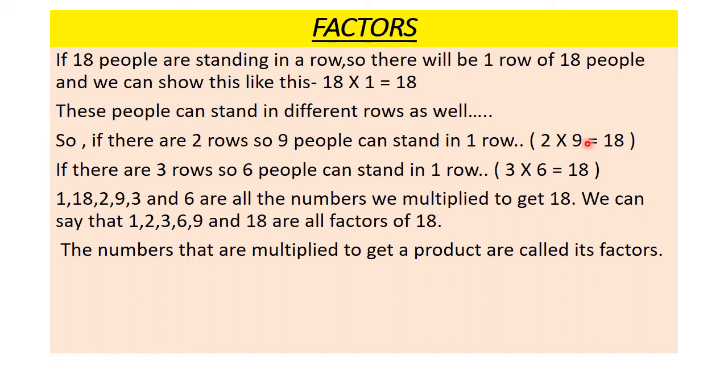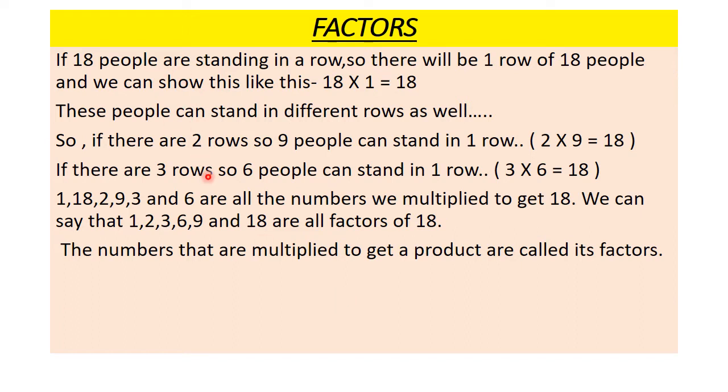Likewise I can write this as, if we have one row, 1 multiplied by 18 people, and this will also be equivalent to 18. And if we have 9 people, 9 multiplied by 2 rows, the total number of people will remain 18 only. Now if I ask the same number of people to make three rows, what will happen now?